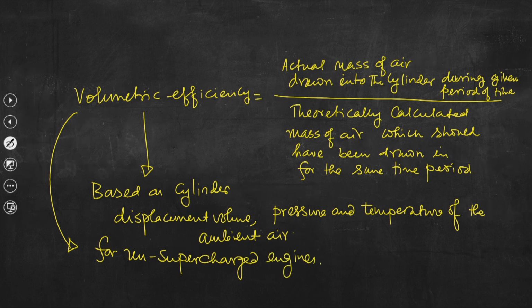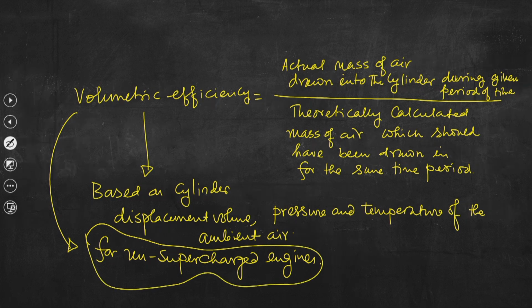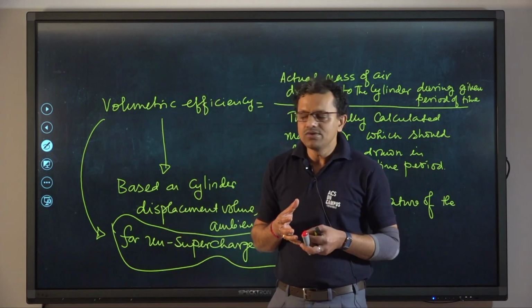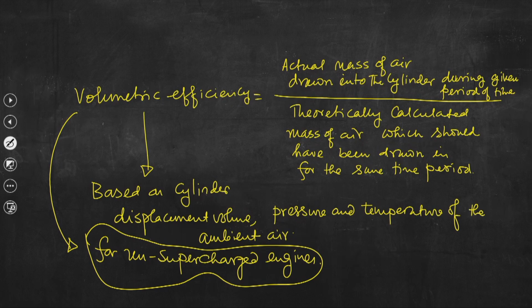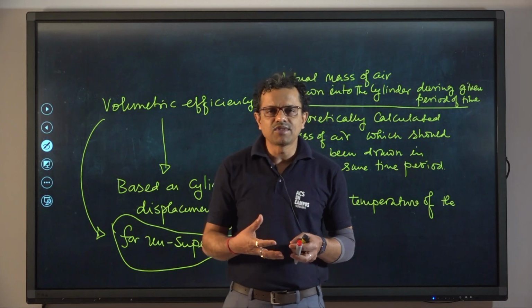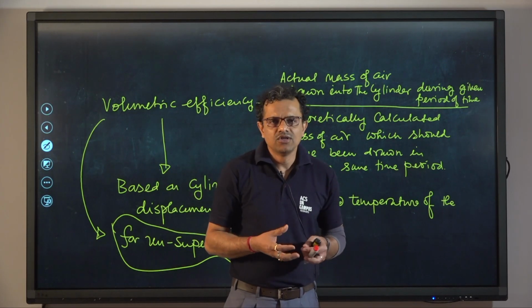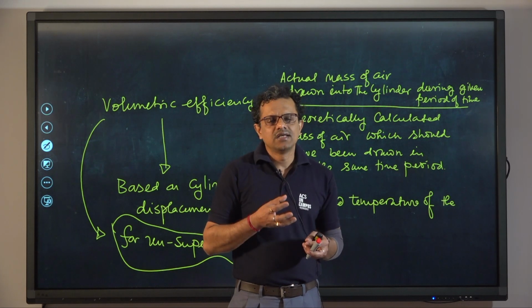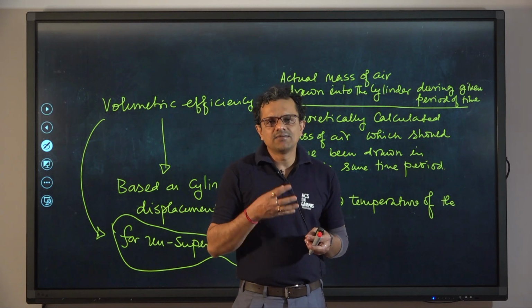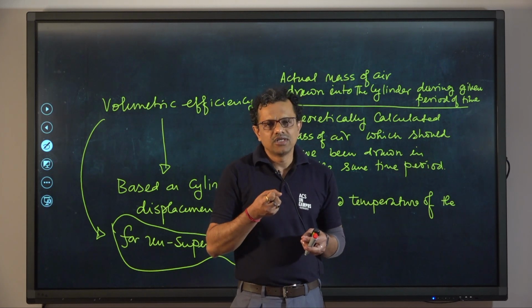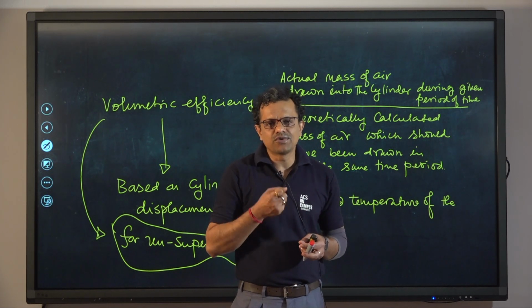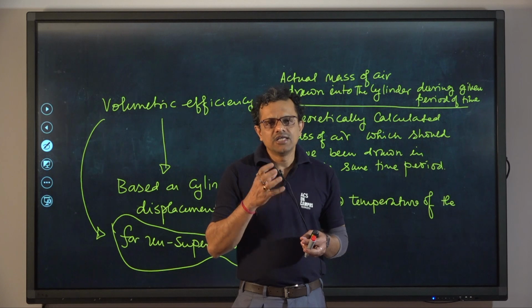If we try to know this quantity for supercharged engines, then what we had written over here is the pressure and temperature of the ambient air, but for supercharged engines, you know very well, a small compressor is integrated into the system, and the purpose of that small compressor is to raise the pressure, and it will also increase the temperature. So, it is the compression process itself.